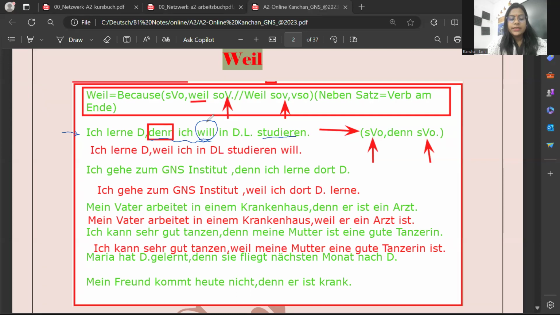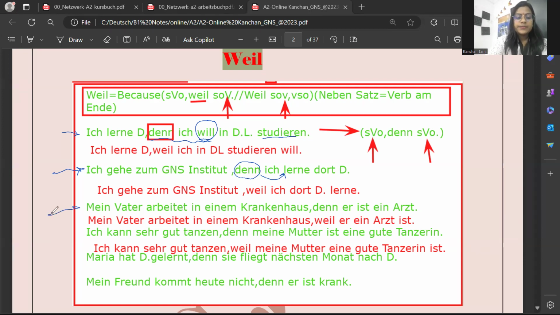The second sentence: ich gehe zum GNS Institut, denn ich lerne dort Deutsch. I go to the GNS Institute because I learn German there. Here the connector is denn. The verb at second place is lerne.